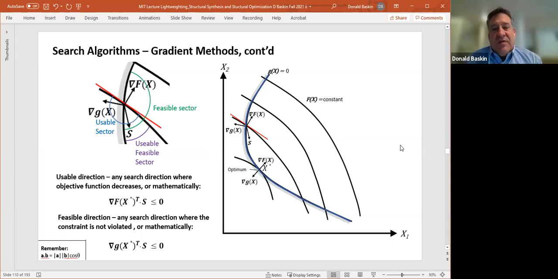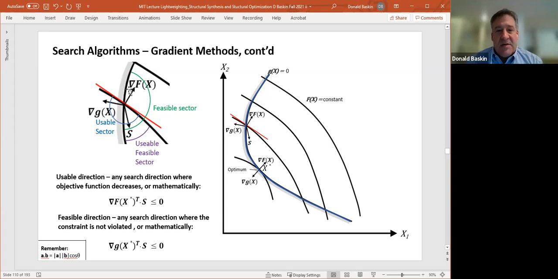It's useful to define feasible regions and usable regions. The usable region is shown here by this blue curve, and the usable region is any place where the objective function decreases. And if you think of the gradient, like I said, it's perpendicular at that point to the function.